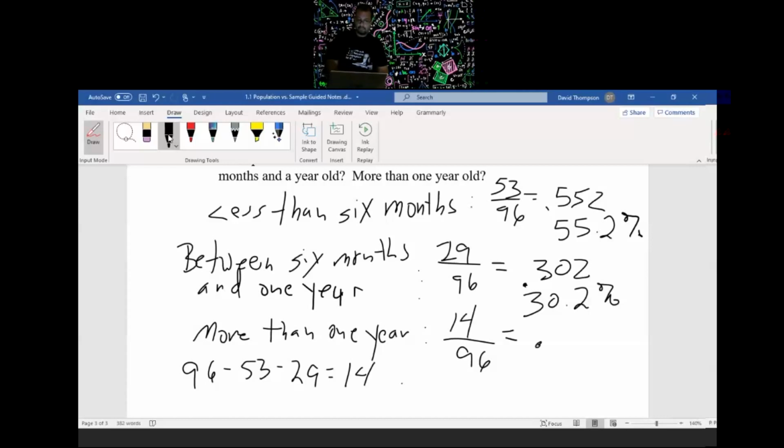Then the last step will be just do 14 out of 96 and divide, just like in the previous two parts. And we get 0.146 or 14.6%.